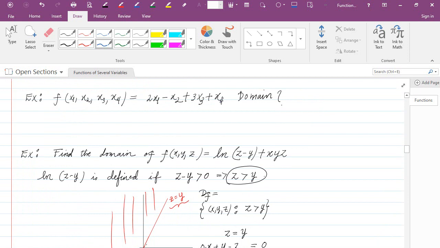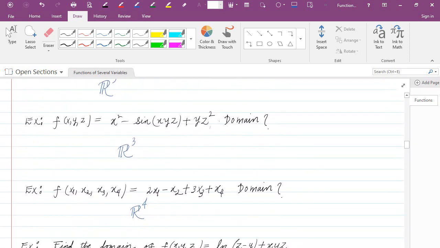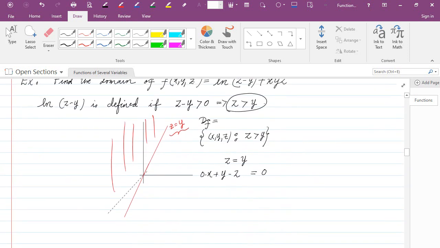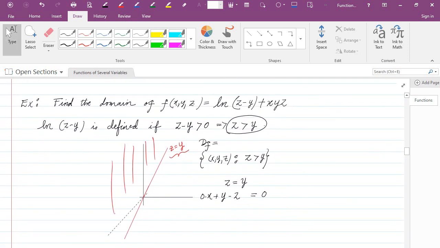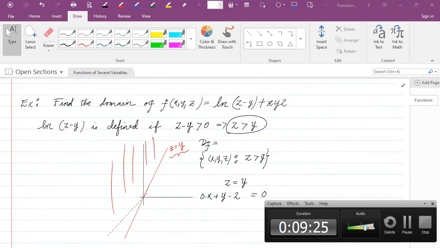And in this case, we see that the domain would be the entire set of R4, and this is the 4 space, and the reason is this quantity makes sense no matter what x1, x2, x3, and x4 are. Okay, so I am going to stop here. In the next video, we will do another example.